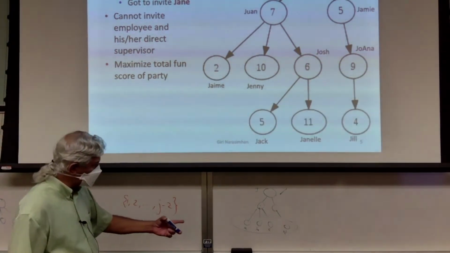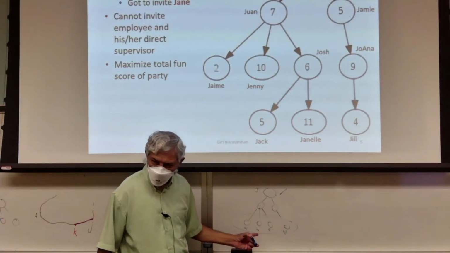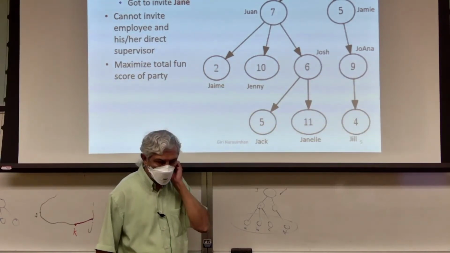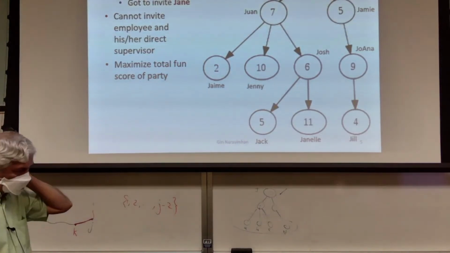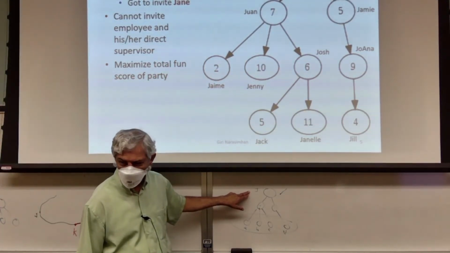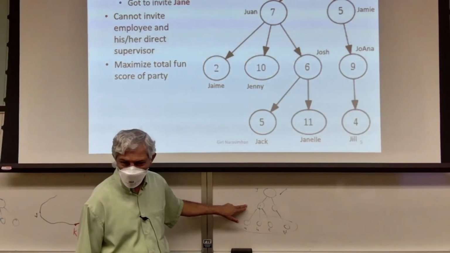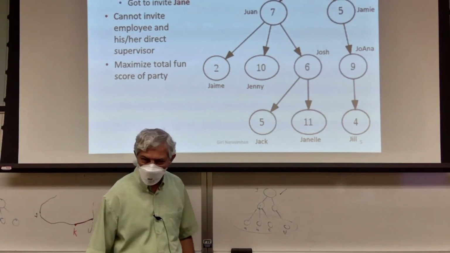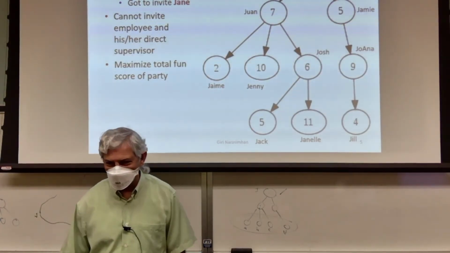So this is another possibility. And here, what do you think is going to happen? Since the CEO has to be included, these 2 have to be dropped. You might as well take all these people, unless they have negative scores. We're assuming everyone has positive scores.